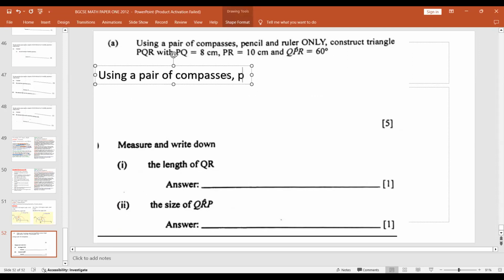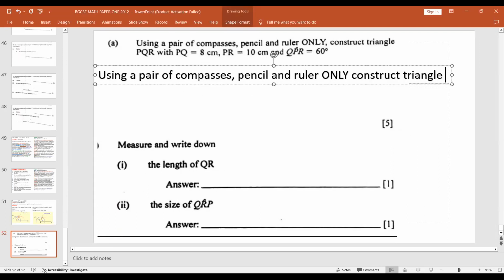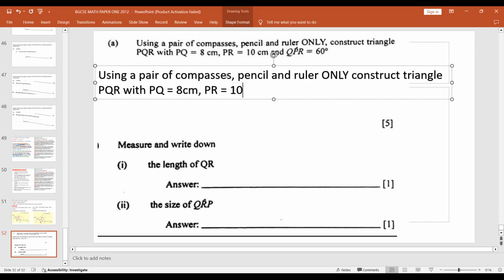Using a pair of compasses, pencil, and ruler only, construct triangle PQR with PQ equals 8 centimeters, PR equals 10 centimeters, and QPR equals 60 degrees.